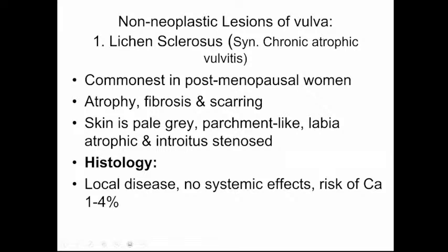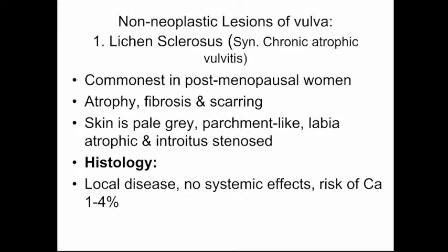So the first one of these is lichen sclerosus, which in some literature you'll see referred to as chronic atrophic vulvitis. The terminology applies to the same lesion. They're most common in postmenopausal women, and they are characterized by epidermal atrophy, fibrosis, and scarring.